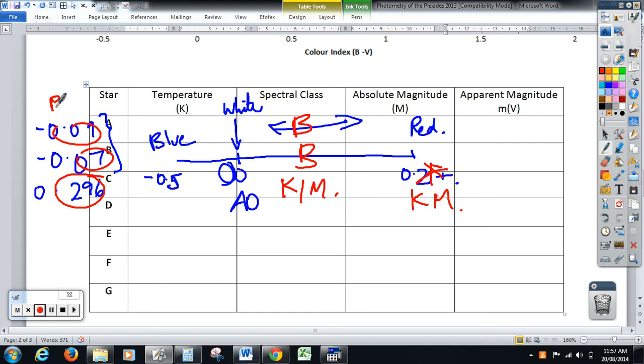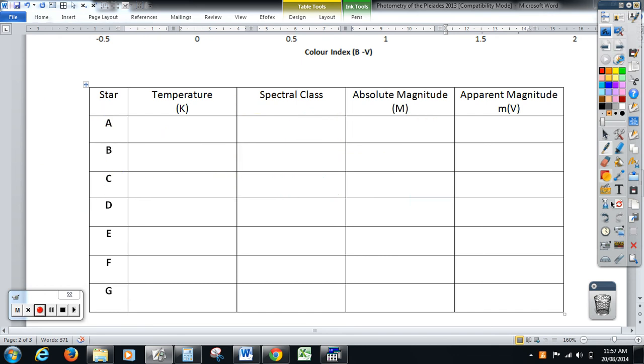So we can just look at these values here that we get. This is the B minus V, and from the B minus V we can quickly determine the spectral class depending on the value. So let's have a look at the first ones, and let's go up and look at the temperature.